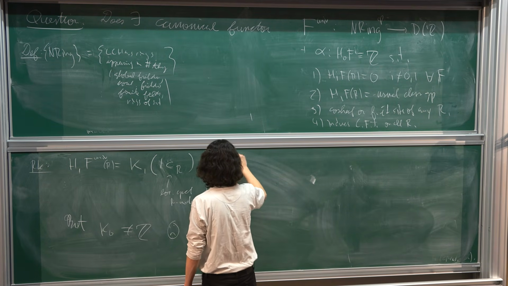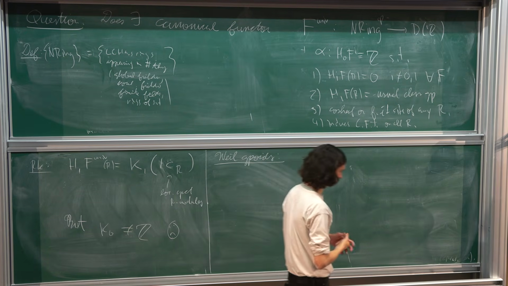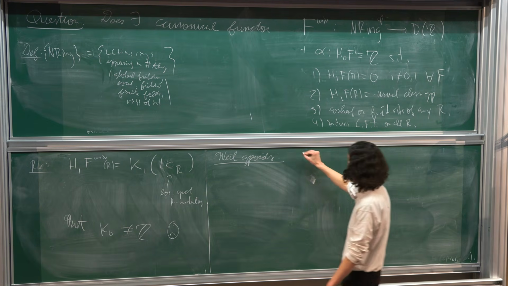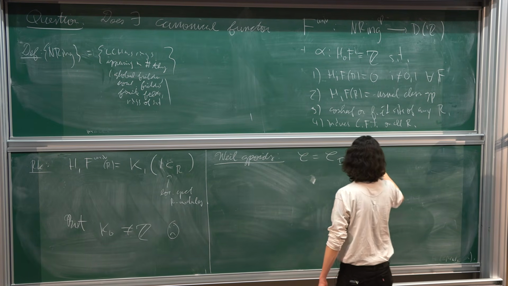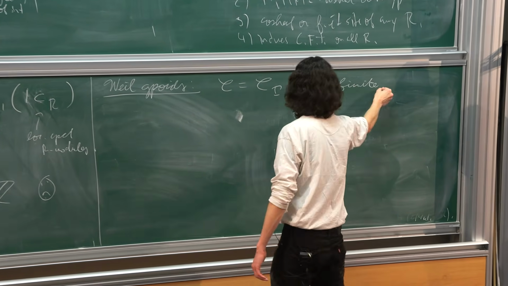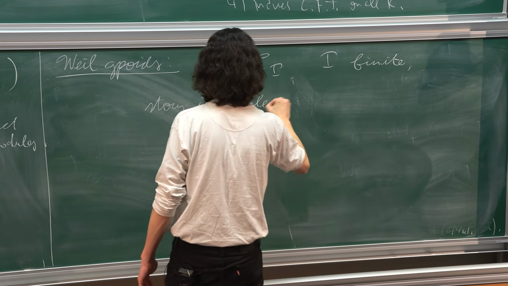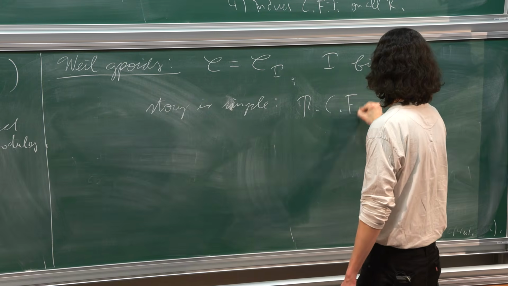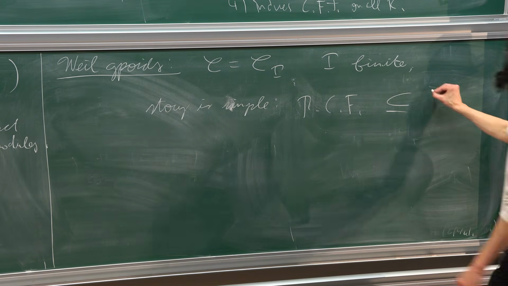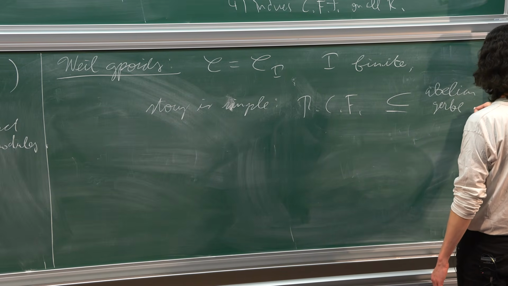Weil groups, or Weil groupoids. So if C is C_gamma with gamma finite, the story is simple. A refined class formation, as I tried to motivate at the beginning, is just a certain kind of abelian gerbe on B gamma.